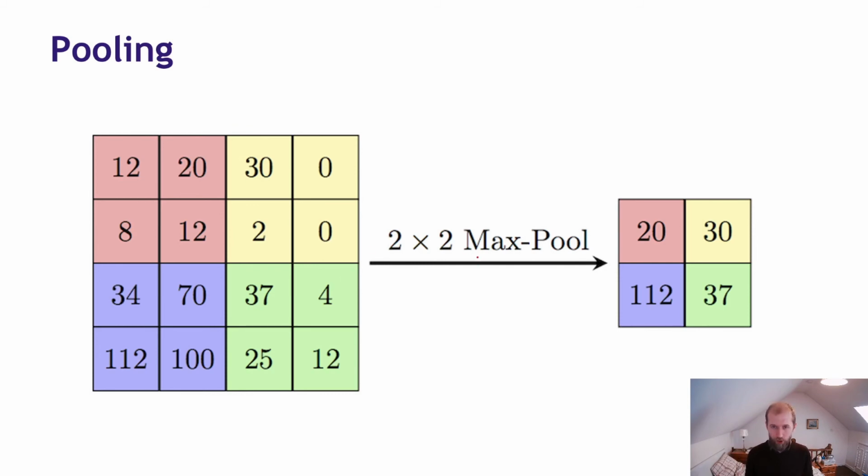The one that's most commonly used is this max pooling, where we just split the data into, in this case, 2 by 2, but maybe it might be 3 by 3 or 4 by 4. But we split it into these 2 by 2 squares, and then we just take the maximum. So in this square we take 20, in the next square we take 30, and that's what you get over here, etc.